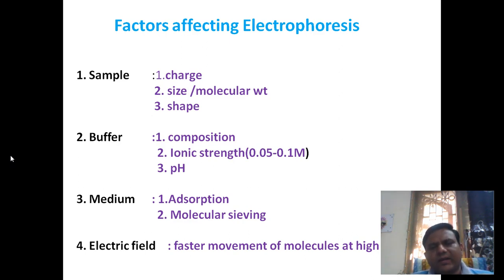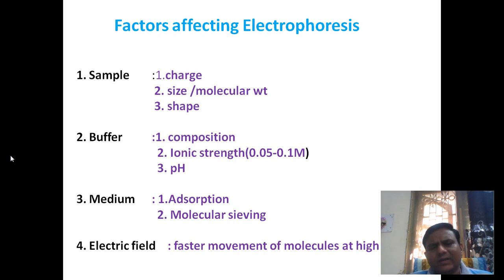If the pH varies, the charge will vary, and then the electrostatic attraction between your molecule and the electrode will change, and ultimately it affects the mobility of that molecule.